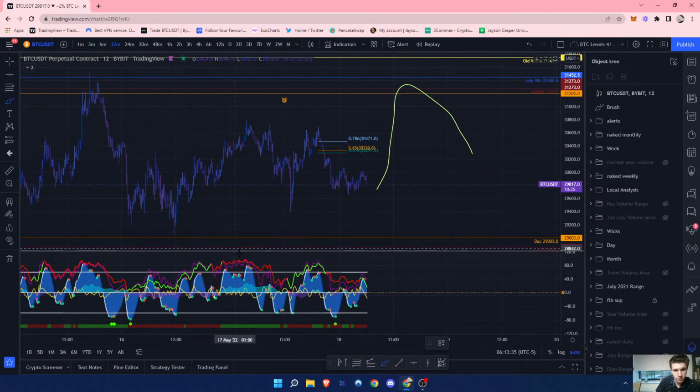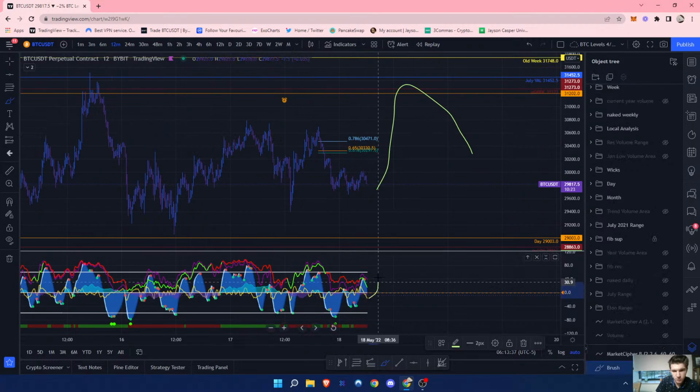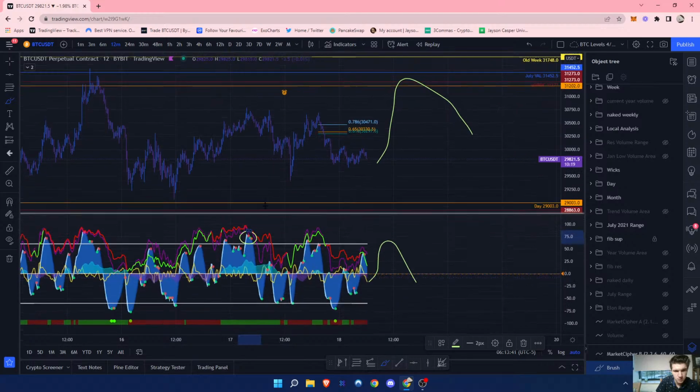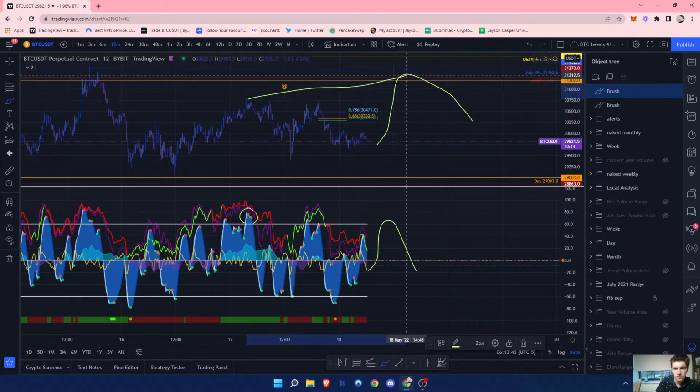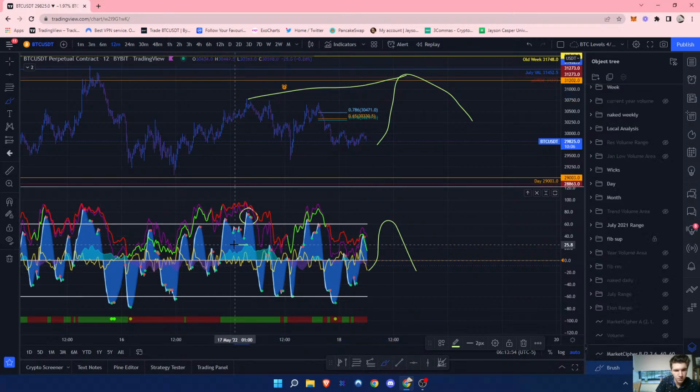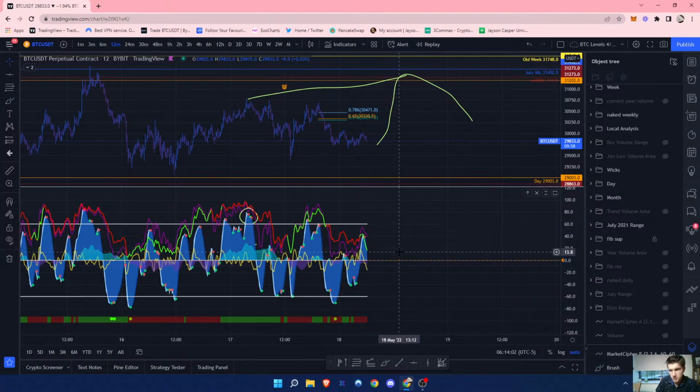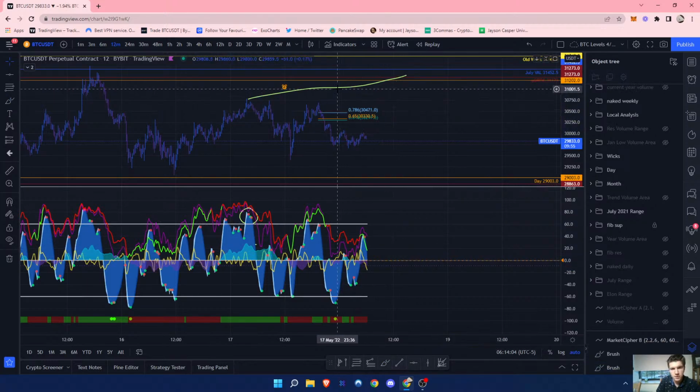Then of course we don't want to see momentum going past really this anchor wave right here. Then of course we get those divergences, momentum making a lower low. This might be a little bit of an anchor wave or a trigger wave really, but again, I don't want to see money flow going past here. So again, money flow might come up and do something like that. And yeah, that is another short possibility.